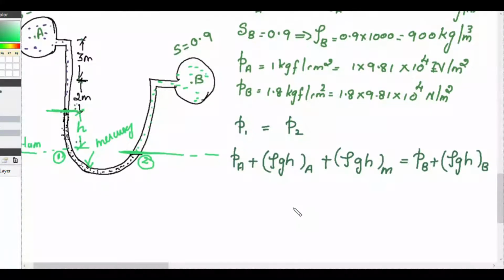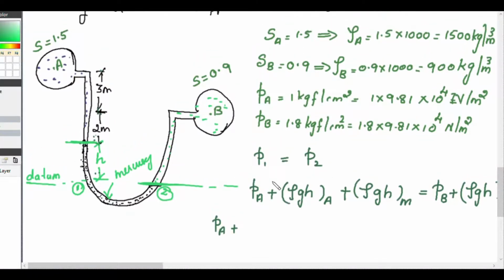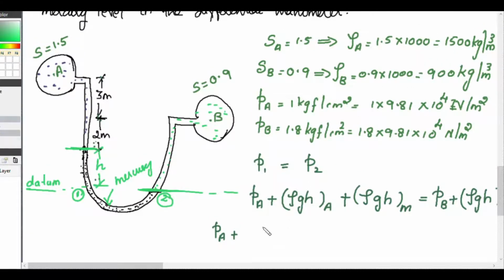So what we get is pressure at A plus rho of A, that is the density of the liquid in A, 1500 into 9.81 into the height, which is 3 plus 2, 5. Plus we have the mercury for a height of h.